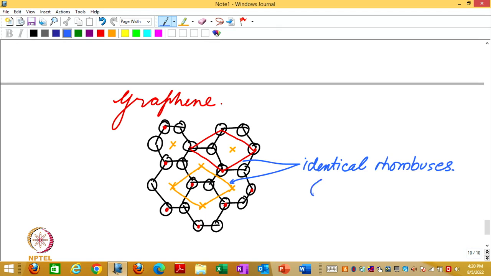Identical rhombuses. I was refraining from using the term because we have not yet defined a unit cell.